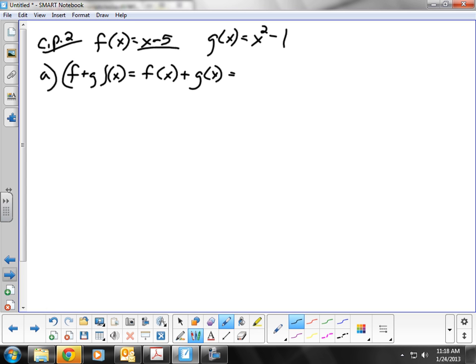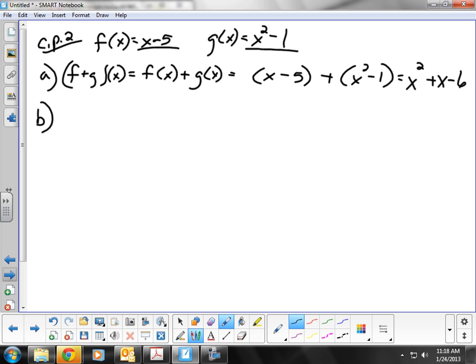So f of x is x minus 5 plus g of x, which is x squared minus 1, right? And then we combine like terms. That's all you do on these. So it becomes x squared plus x minus 6. There's not an x squared to add to it, so I just list the x squared. There's not another x, I just have to list the x, but the minus 5 and the minus 1 are like terms, so I can combine them. Okay, so when you add and subtract, all you're doing is combining like terms.